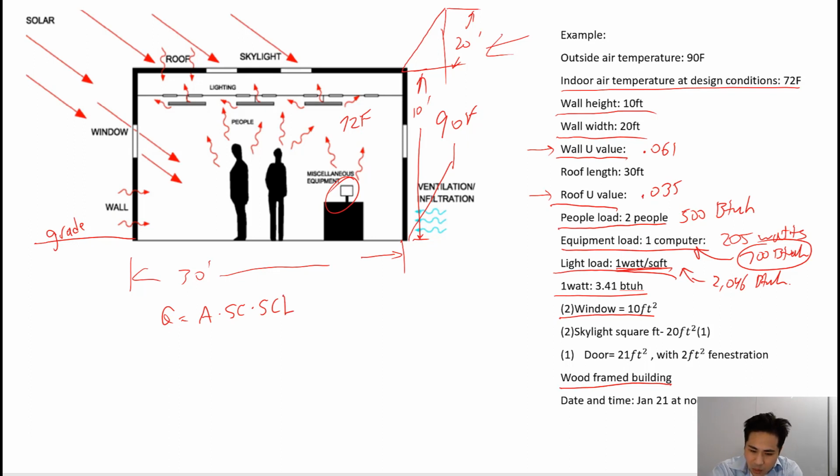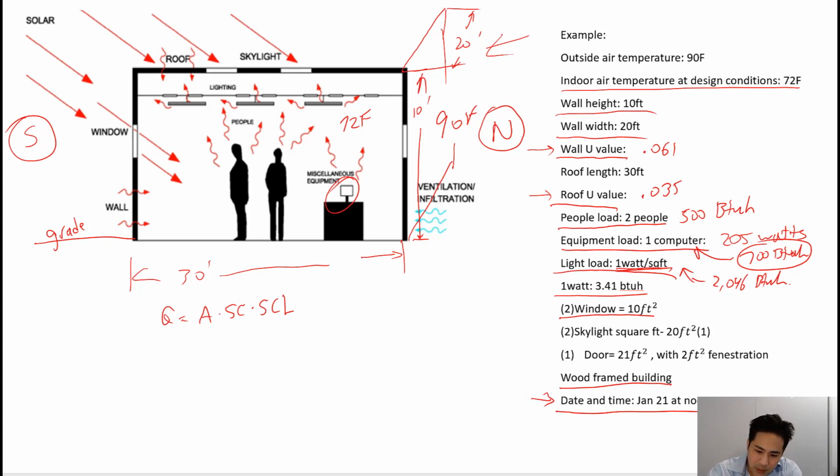In this case, this side is going to be designated as the south side. This side is going to be the north side. And the date and time of this example is January 21 at noon.